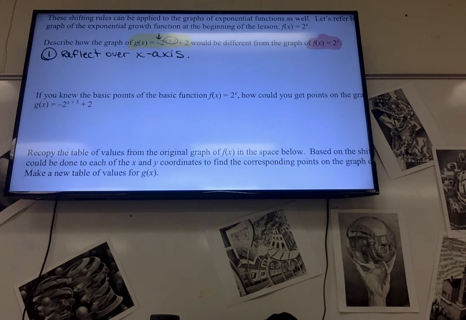If you added something or subtracted something to the x, that's going to move it left or right. So we take that exponent and set it equal to 0.